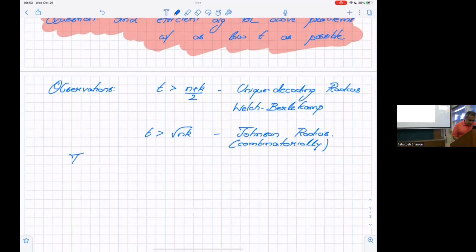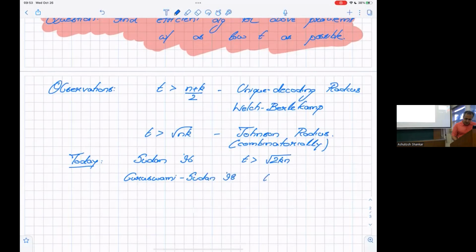And what we'll see today is an algorithm due to Madhu Sudan from '96, which first gets t greater than square root of 2kn. And then it was further improved two years later by Venkat Guruswami and Sudan.